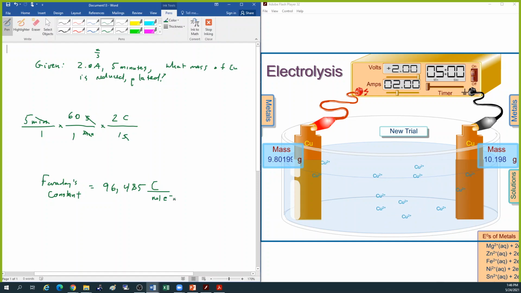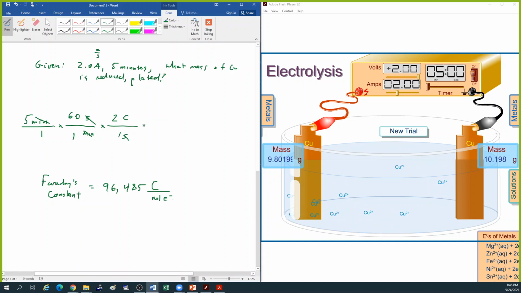So a single electron has a definitive amount of charge measured in coulombs. When you take 6.02 times 10 to the 23rd electrons, which is a lot of them, it adds up to quite a bit of charge. But what this allows me to do is translate between the total number of coulombs of charge and how many moles of electrons were transferred.